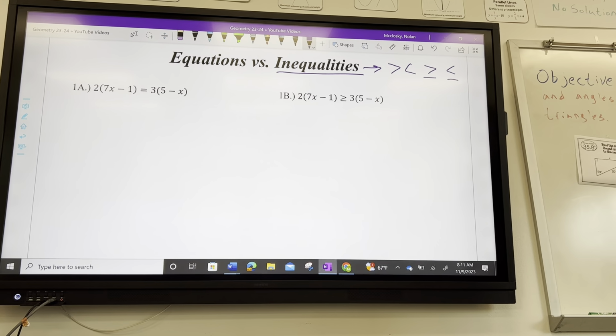Now over here with the inequality, this is a greater than or equal to sign. Whenever the arrow is pointing to the right, you would read this as the left side is greater than or equal to the right side. You solve it the exact same way, doing the exact same steps, so I'm going to seem kind of redundant here, but just bear with me for a second. 2 times 7 is 14x. 2 times -1 is -2.